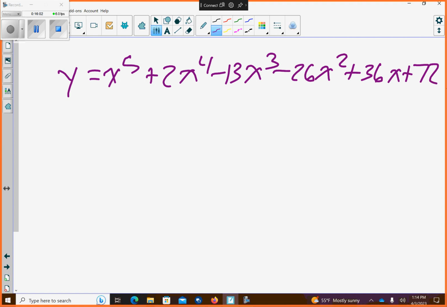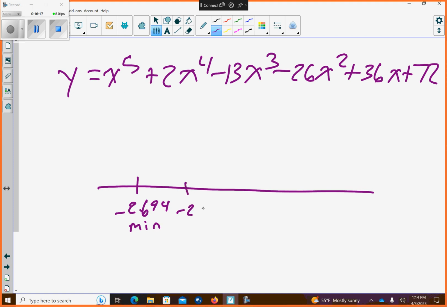If we graph this function, some things that we will know about is at negative 2.694, we're going to call this a min. At negative 2, or shoot, we're going to call this a max. I'm sorry.